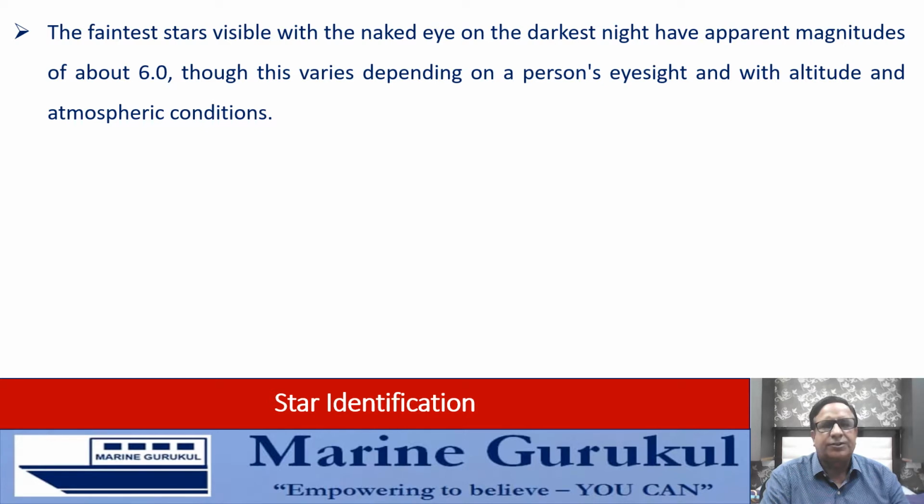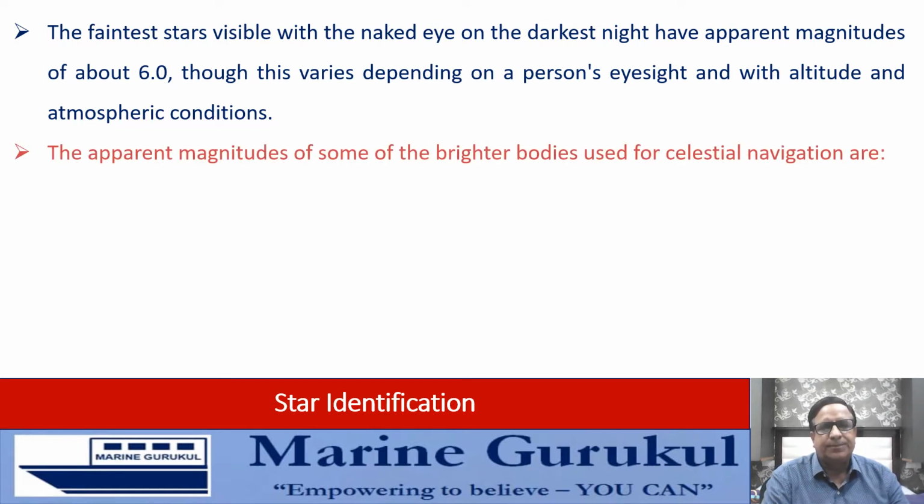The faintest stars visible to the naked eye on the darkest night have an apparent magnitude of about 6 to 6.5, though this varies depending on the person's eyesight, the star's altitude, and the atmospheric conditions.